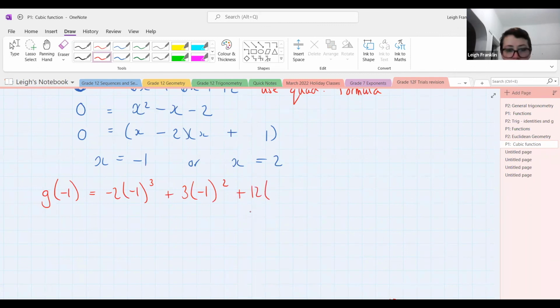Plus 12 times negative 1 and work out our answer. Minus 2 times 2 cubed.